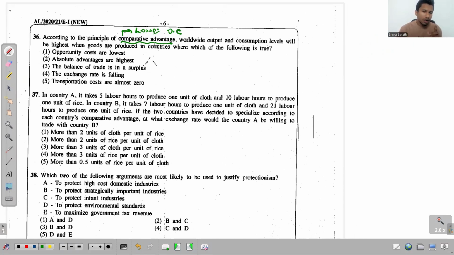According to the principle of comparative advantage, worldwide output, simply the aggregate output, and the consumption levels will be highest when goods are produced in countries where which of the following is true? First one, where the opportunity costs are lowest, 100% true. And that's why I told you that if it's the comparative advantage, it's always about the lowest opportunity cost. Then the answer is the first one itself.